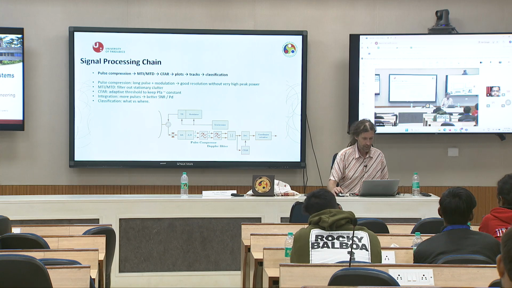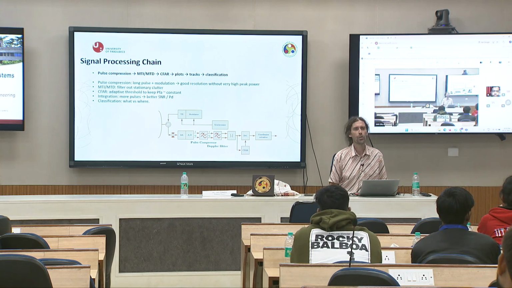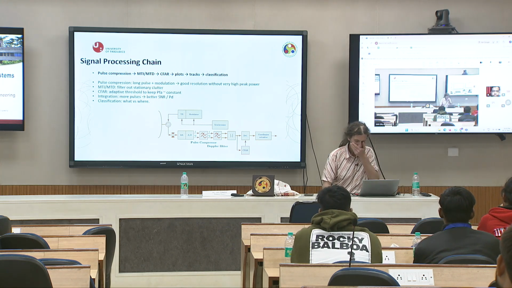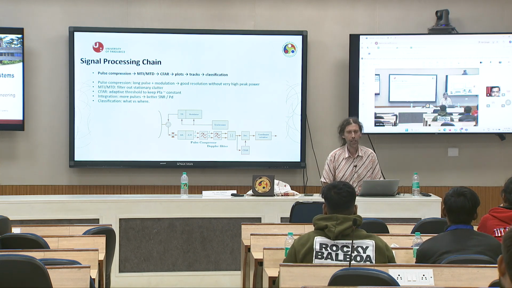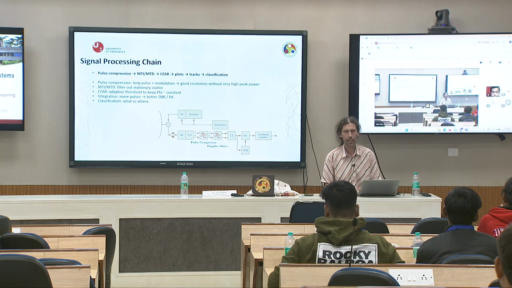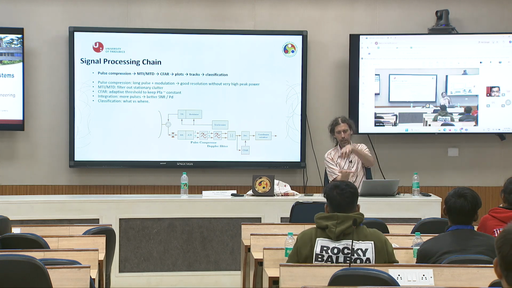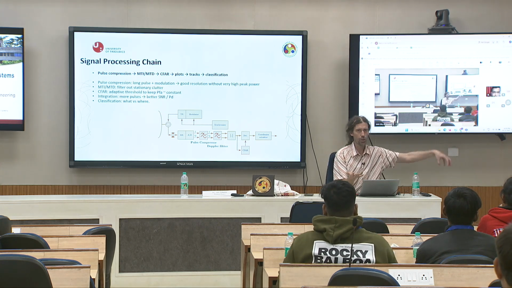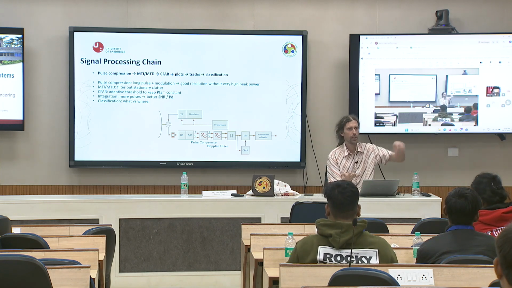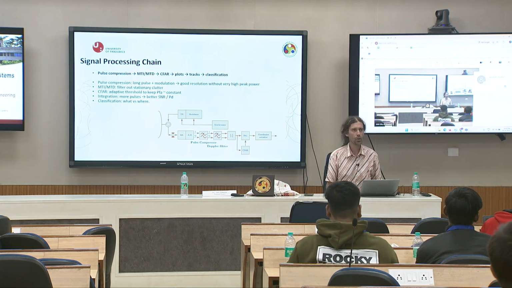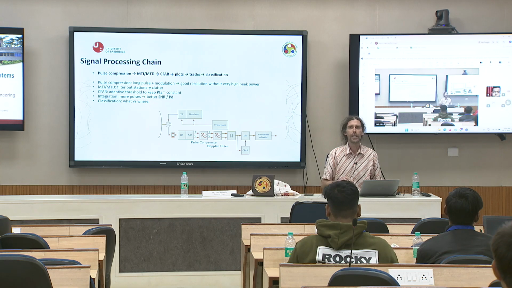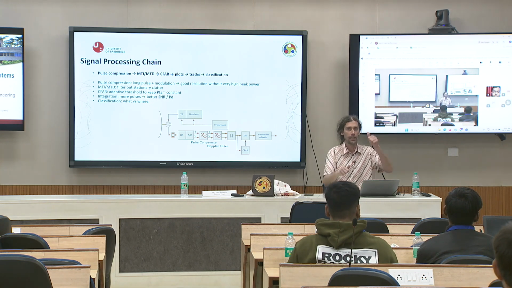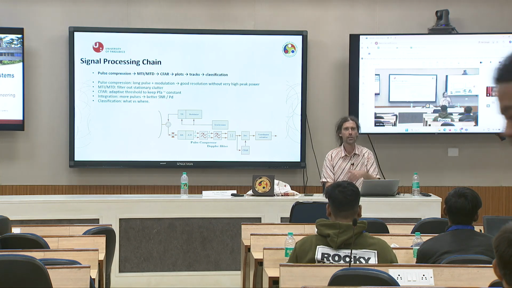Then there is the detector. And what does the detector do? Imagine that I always talk about the radar cell. It means the radar cell is a resolution cell, one by one. The detector tells me whether in this range and Doppler a target is present: 0, 1, yes, no. If no, I don't care.